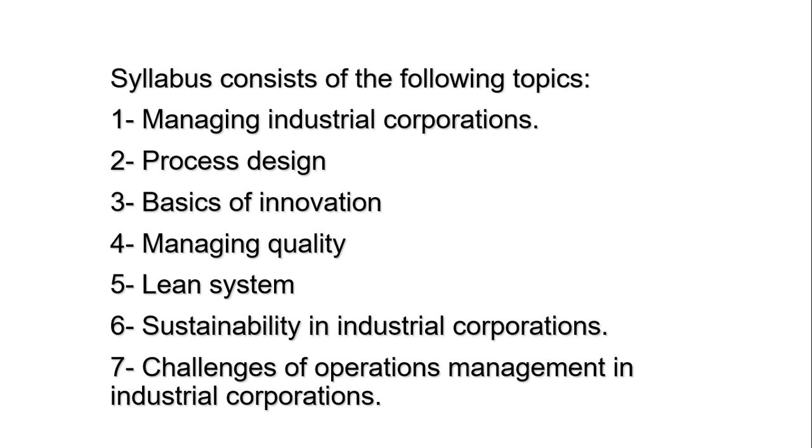Along this chapter, we'll talk about the process design steps, the difference between tangible and intangible products, or by another explanation, the difference between goods and services, different types of manufacturing process, and different types for service process.